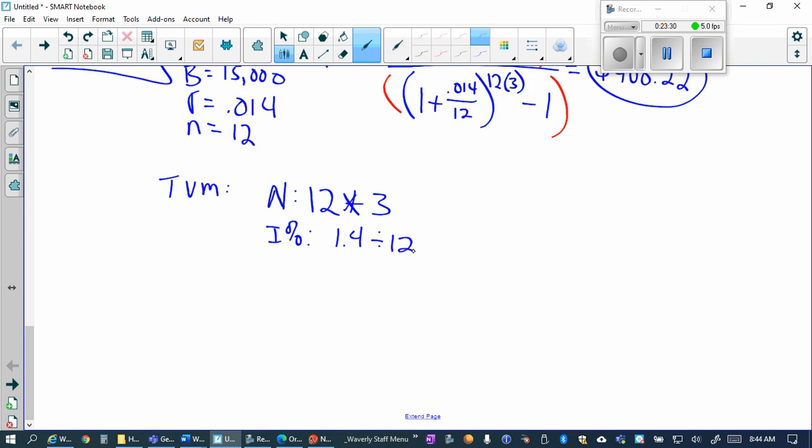Now the present value, we're not making a single deposit, so we're going to leave that PV as 0. The payment is the one we're looking for, so we'll leave that as 0 for now. And the future value is where we need 15,000.